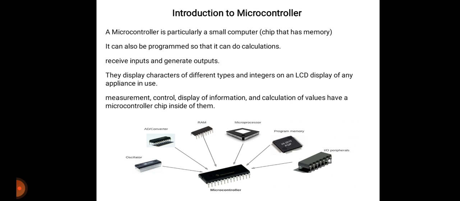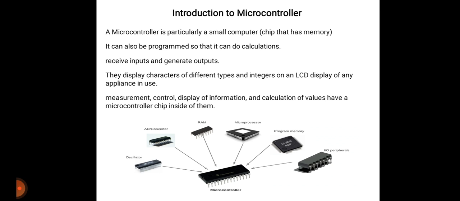It is programmed so that it can do calculations. By using a microcontroller we can perform different types of calculations. It also receives input and generates outputs. So this device, the controller, has to exercise a certain degree of control where microcontrollers are present. Then it displays characters of different types and integers on an LCD display of an appliance in use.